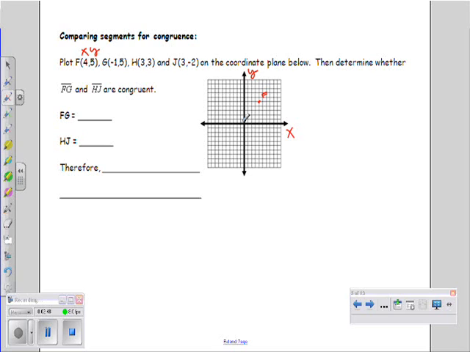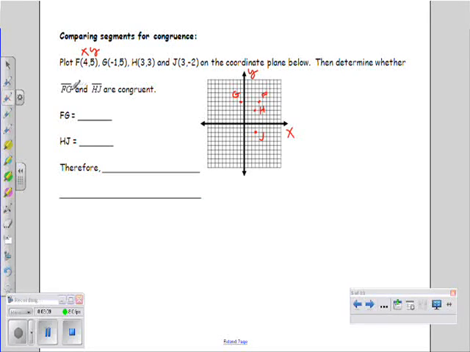Then negative 1, positive 5, so this guy is up here, and that is G. And we've got H, which is 3, 3, so that's H. And we've got J, which is 3, negative 2, so there's J.